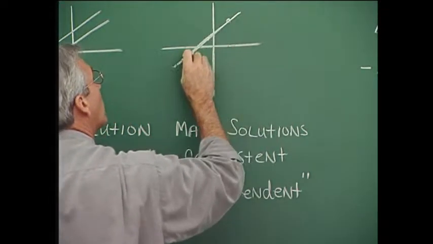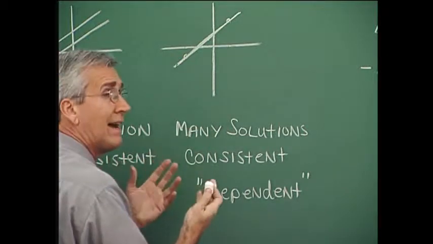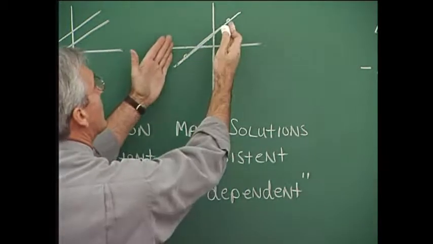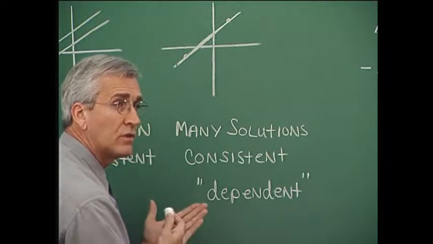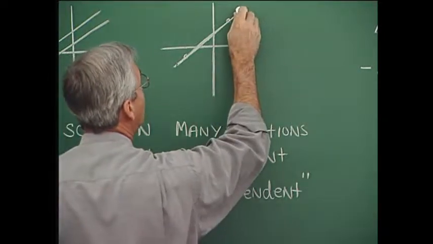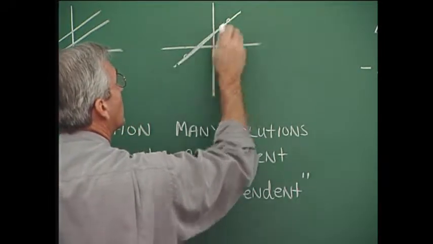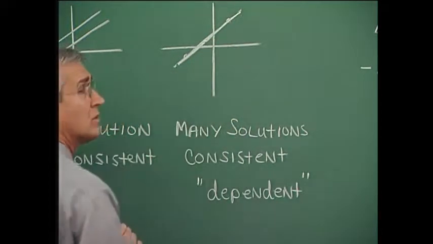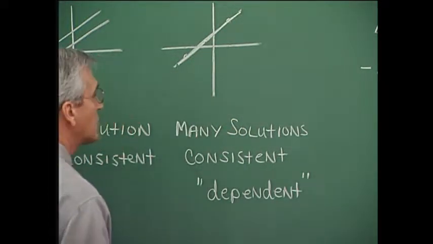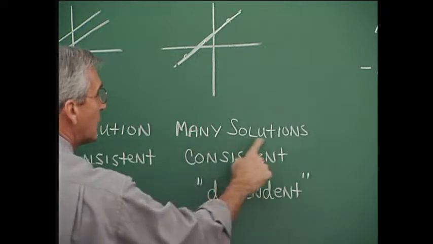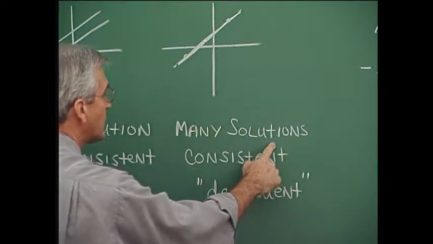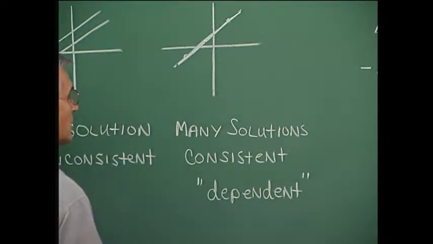So every point on one graph is also a point on the other graph. Then there are an infinite number of solutions to the system of equations. That is, every point on the graph will solve both equations and therefore solve the system of equations. So there are many solutions, an infinite number of solutions to this kind of system of equations.